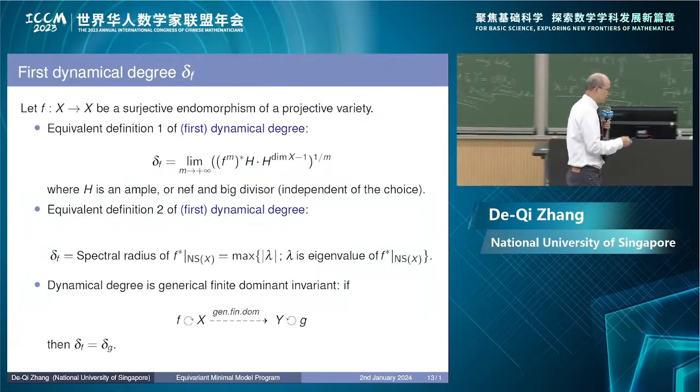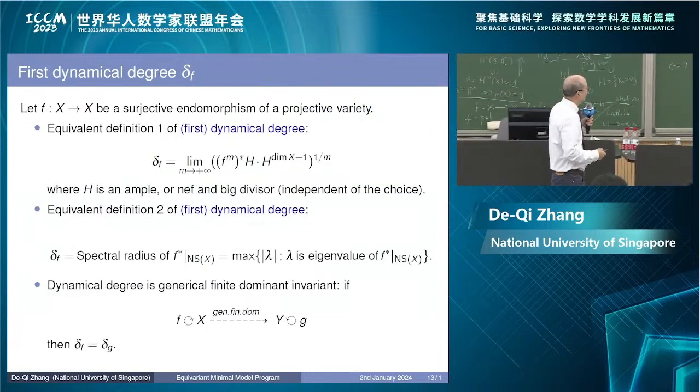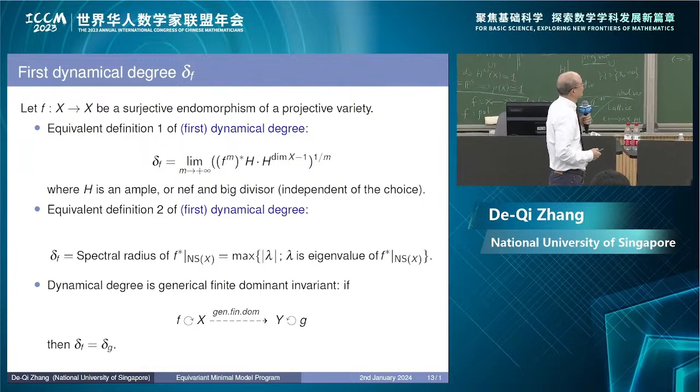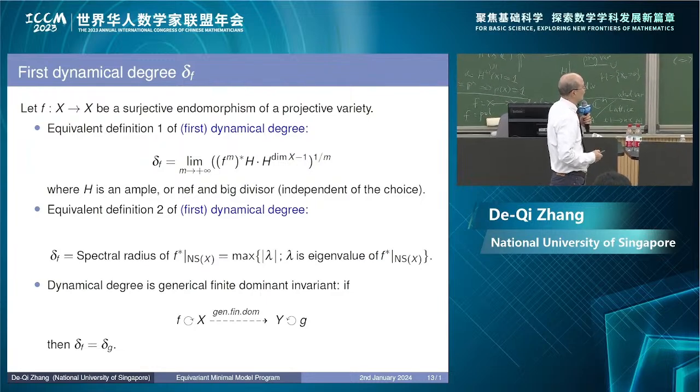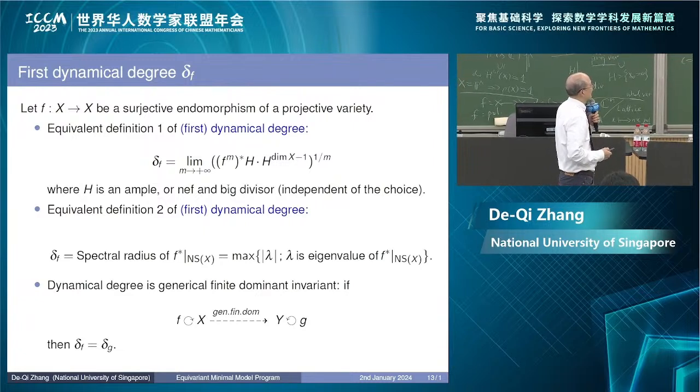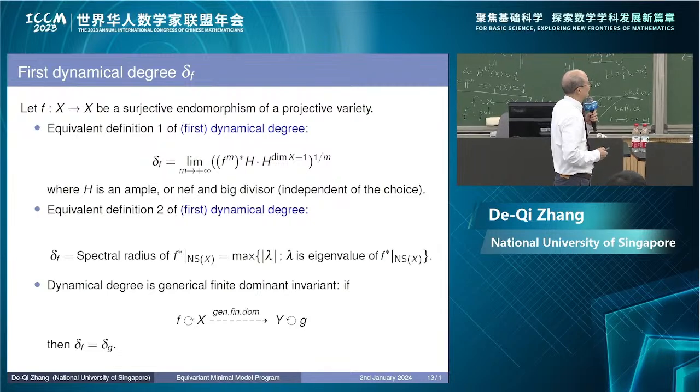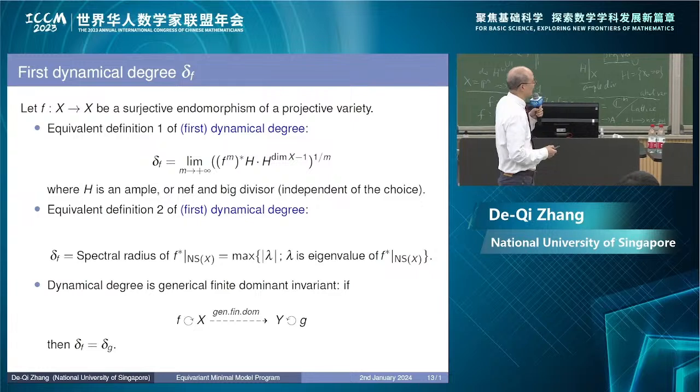So that's next. Here is the definition. There are two different ways to define it. For algebraic geometry, you take an ample divisor, or you take a nef and big divisor, and then you take a pullback and take the intersection with the rest. Then this will be a number. Then take the m-th root and take a limit, and the limit exists; this is called the dynamic degree. So it depends only on your endomorphism f.